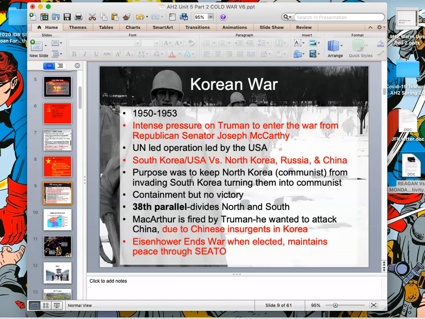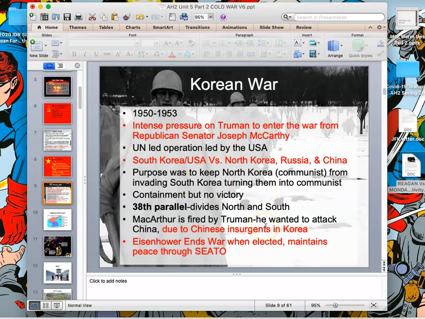Things really kind of go awry here. Douglas MacArthur is the overall commander. If you remember him, he was the overall commander for the Allied forces in the Pacific. He's the overall commander for the U.S. forces when this conflict starts in Korea. But there's a problem. China is sending insurgents into Korea. In other words, Chinese soldiers are coming into North Korea and they're killing American troops.